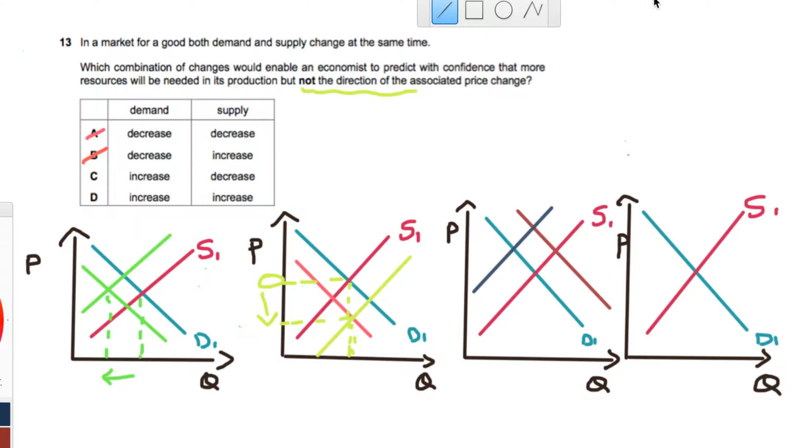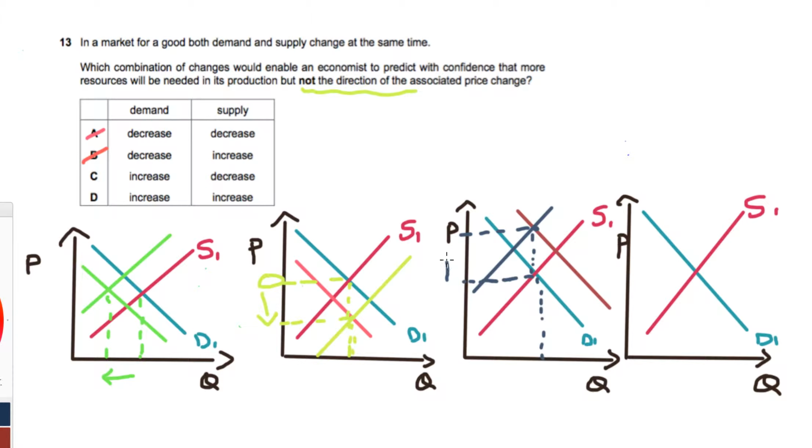So now what do we know here? Originally we were at this point with this quantity and with this price, and now we are at this point where the price has increased, but again we cannot tell about the quantity.